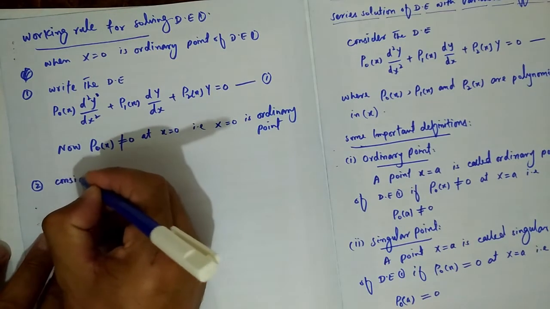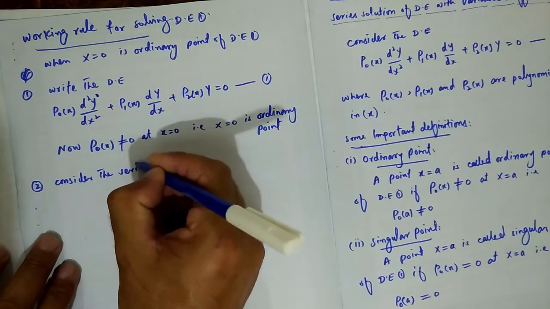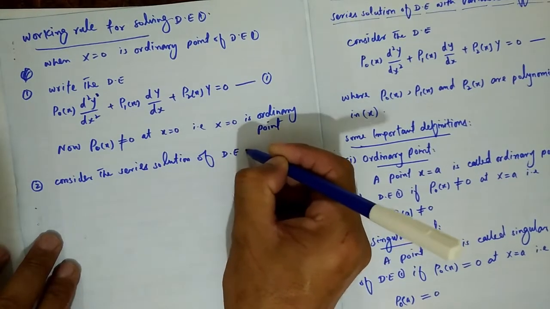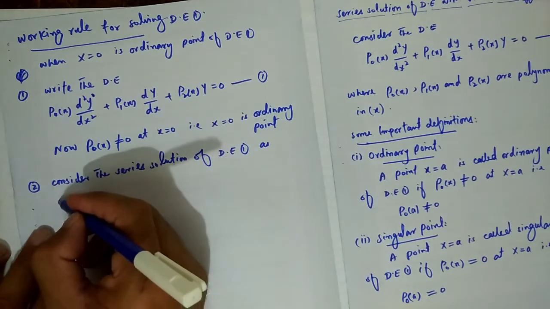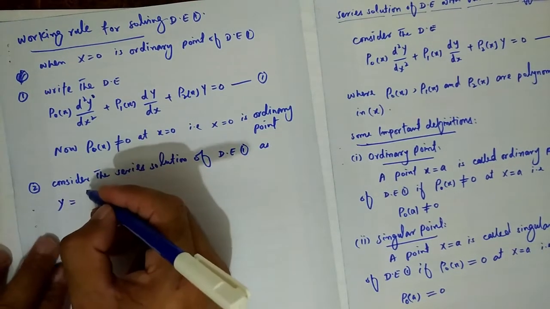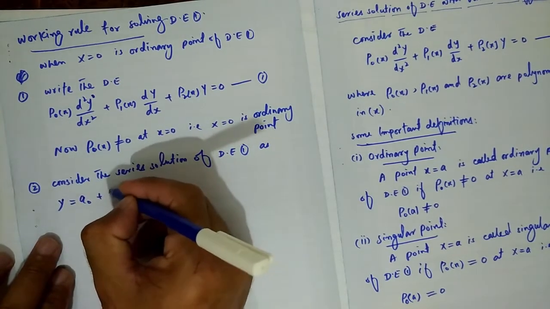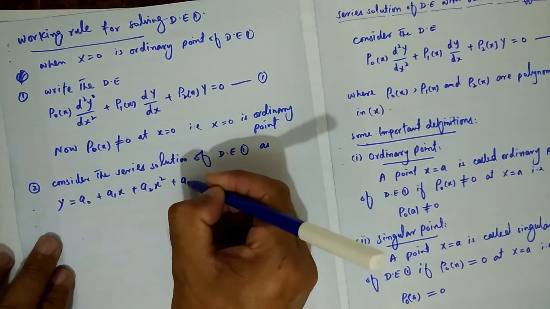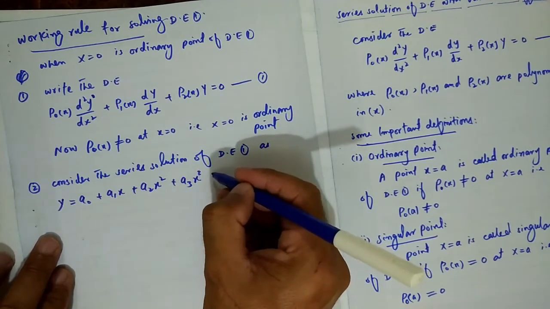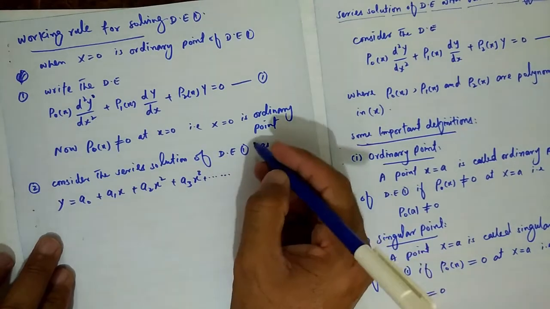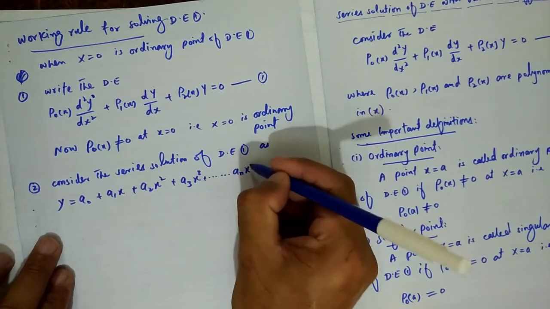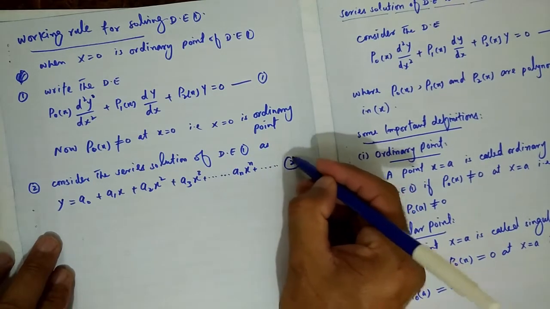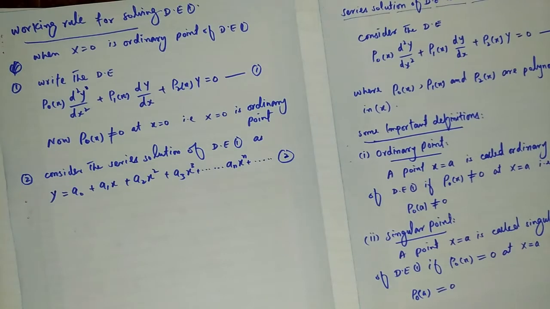Consider the series solution of differential equation 1 in this form: y equals a naught plus a1x plus a2x square plus a3x cube and so on up to an x to the power n and so on. Let this be equation number 2. Clear?